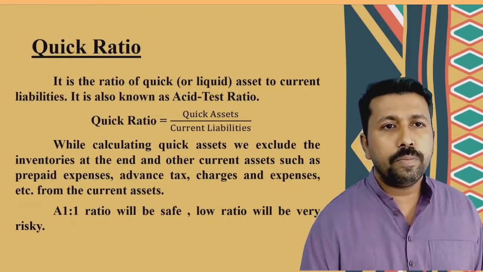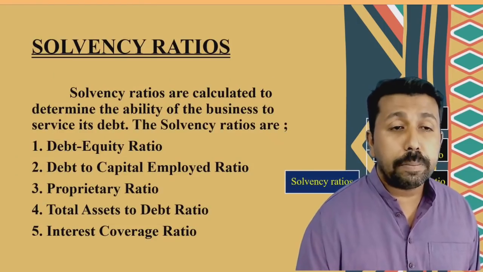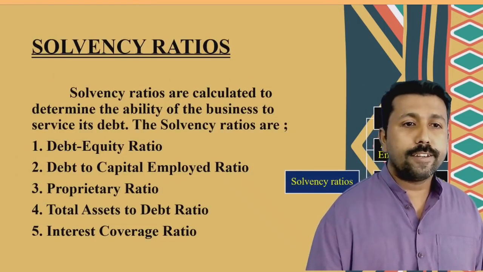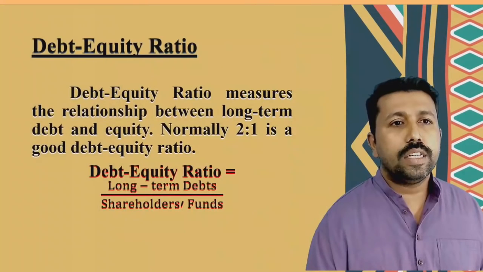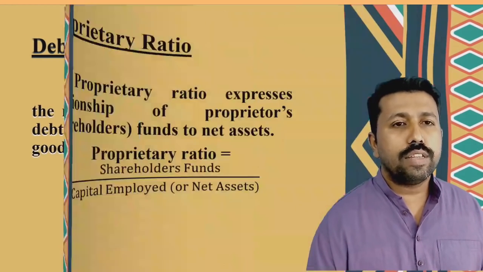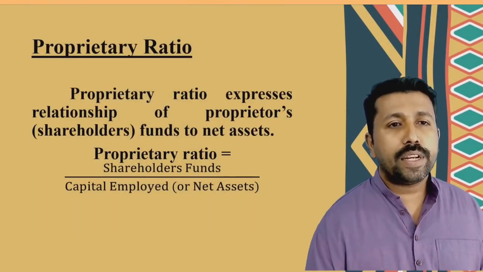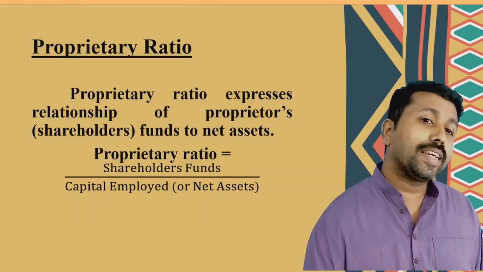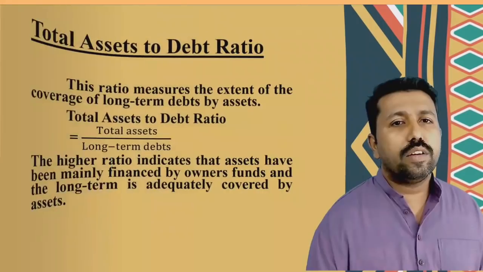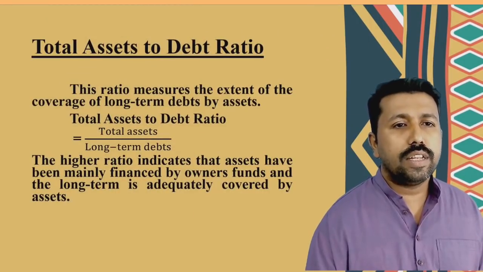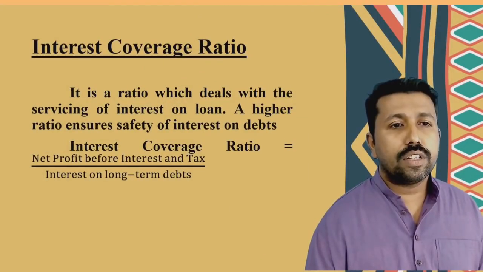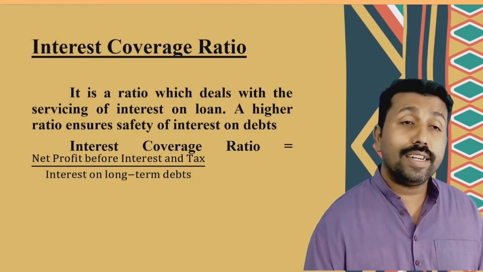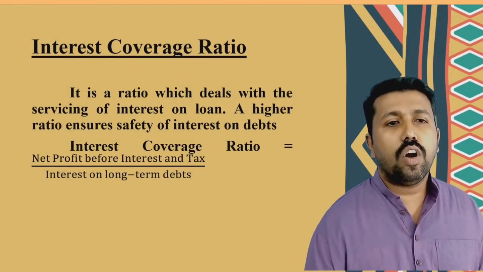Quick ratio. And solvency ratio includes debt equity ratio, proprietary ratio, total asset to debt ratio, and interest coverage ratio. Debt equity ratio equation is debt divided by equity. 2:1 is the ideal debt equity ratio. Proprietary ratio is shareholders fund divided by capital employed, and also total asset to debt ratio is there. Total asset divided by long-term debt, and interest coverage ratio is net profit before interest and tax divided by interest on long-term debt.